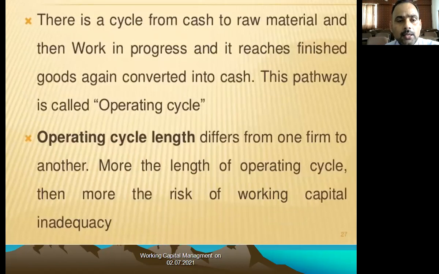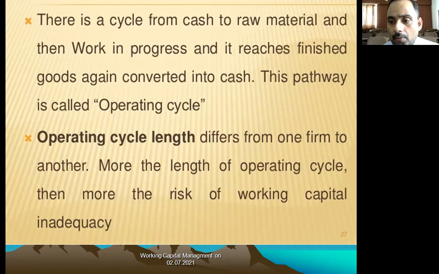There is a cycle from cash to raw material, then work in progress, and then again converted into cash. This pathway is called the operating cycle. Now, what is the operating cycle length? The length differs from one firm to another.